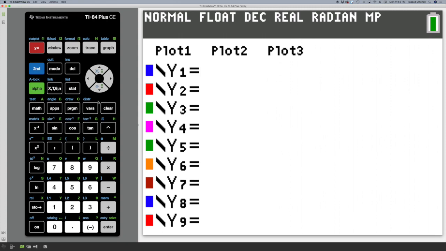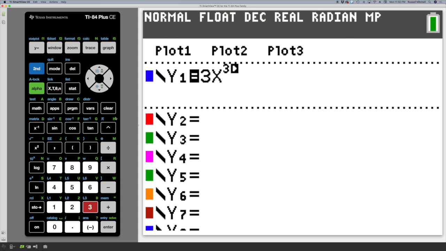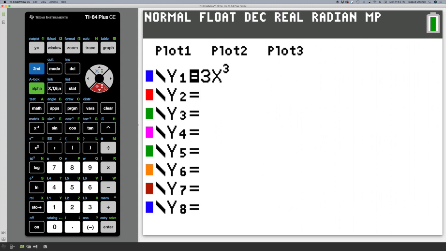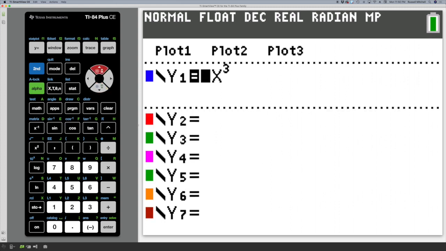Pressing y1, we're going to enter the function f of x. That was 3x raised to the third, and remember to come down out of the exponent. Then minus x squared, minus 10x, and plus 1.